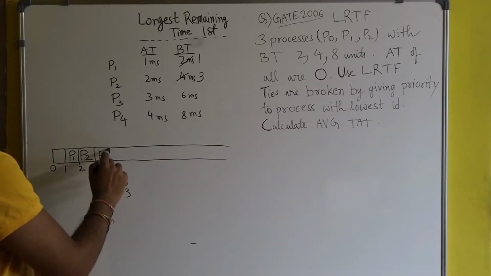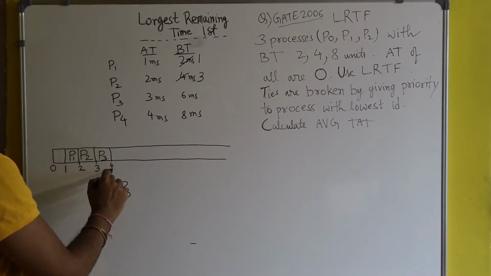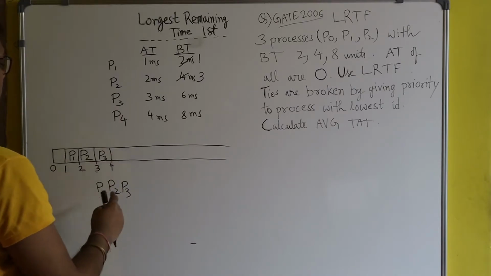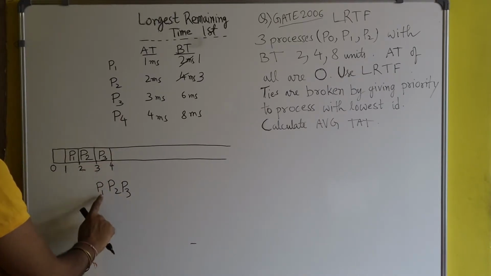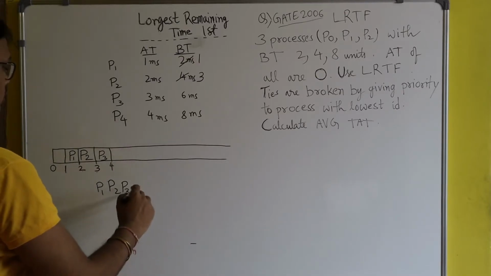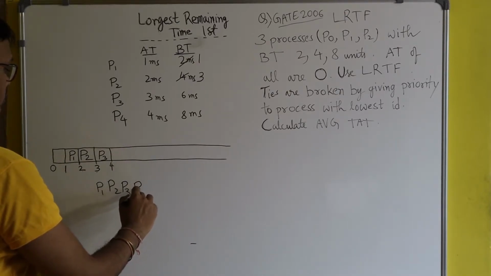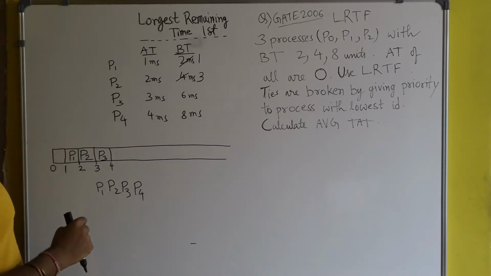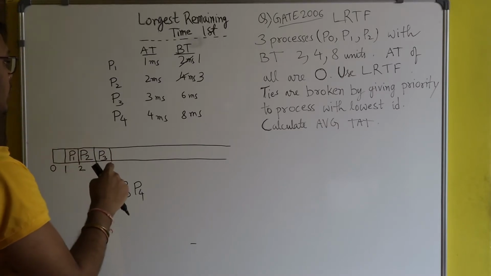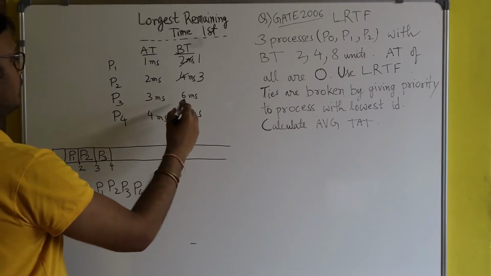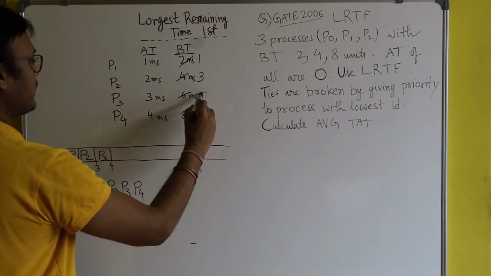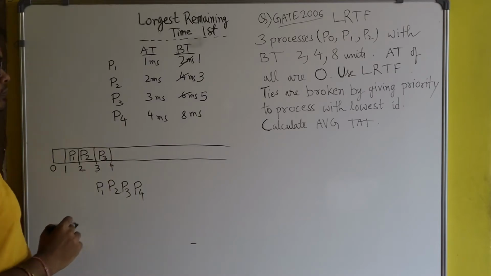After running for 1 millisecond, at time equal to 4, you see P4 has arrived. How many processes are available by the end of 4? P1, P2, P3 and now P4, because the arrival time of P4 is 4 milliseconds. Also P3 has completed 1 millisecond, so 5 milliseconds are remaining for P3.